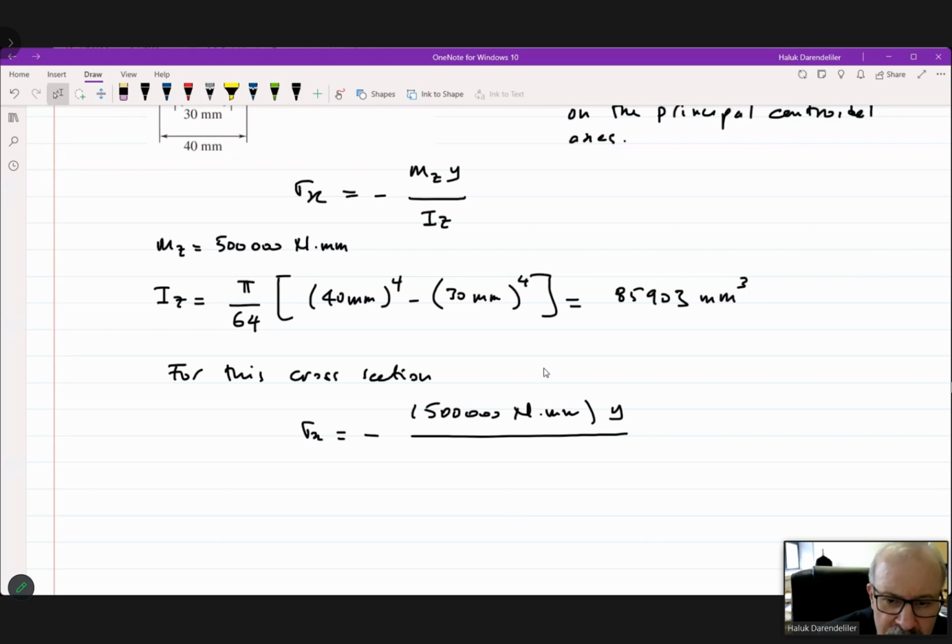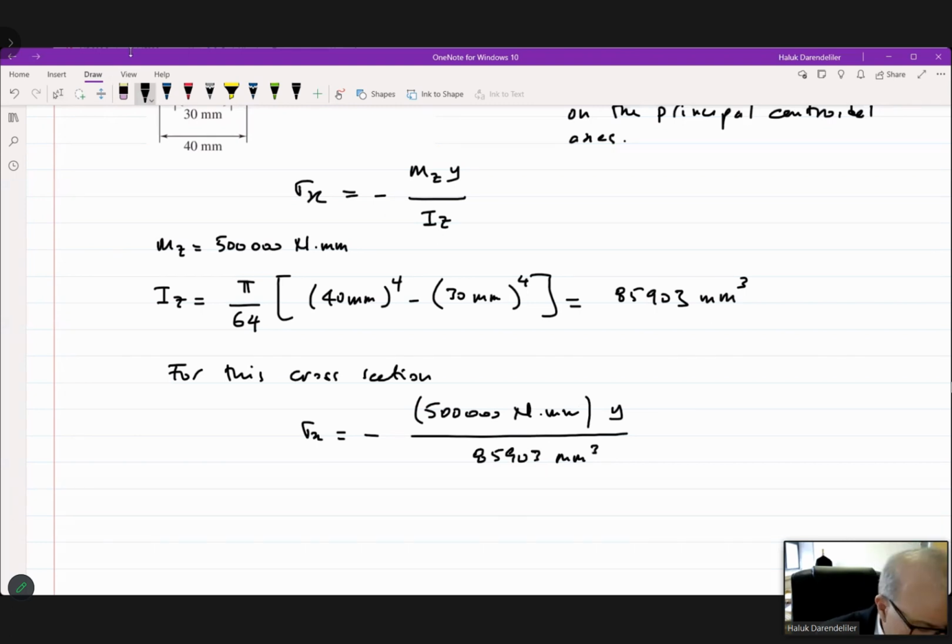Y may change, it's up to you. For every point, you end up with a different value. And iz is 85,903 millimeter to the power 3. Now, this equation gives you the stress at any point defined by y.